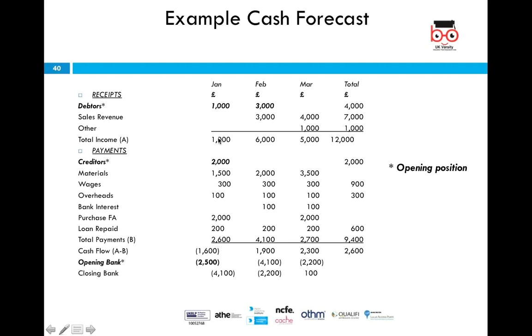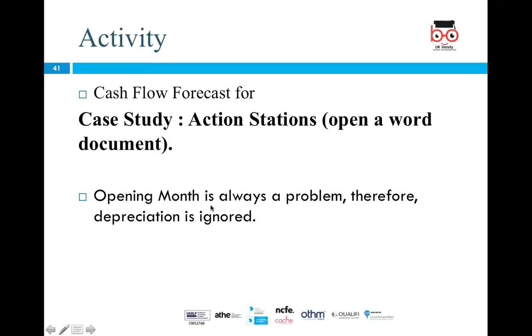When you differentiate between the receipts, that is A, and the payments, that is B, and deduct B from A, then you will get your cash flow for each month. And then your opening balance is some amount, which here is negative. When you add your cash flow plus opening balance, that's your closing bank balance. So that's the cash flow position of the company.